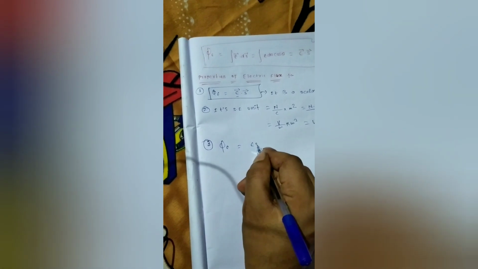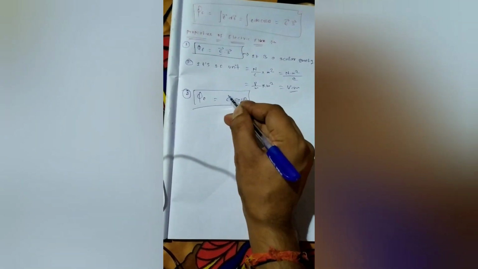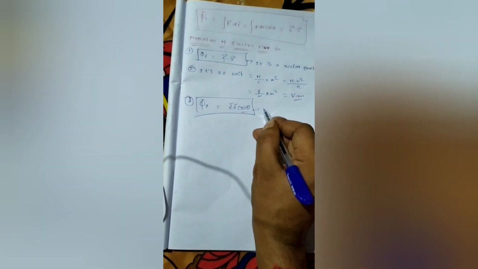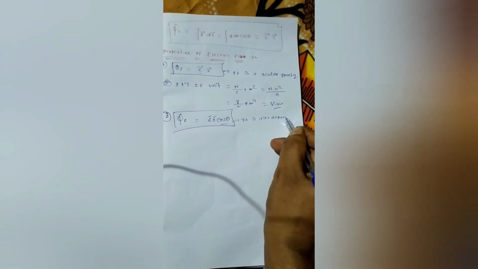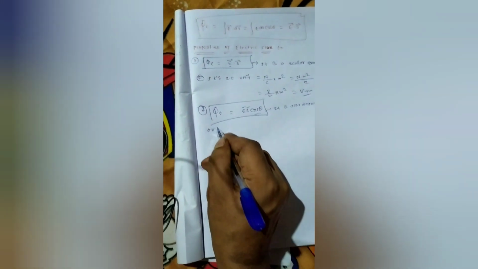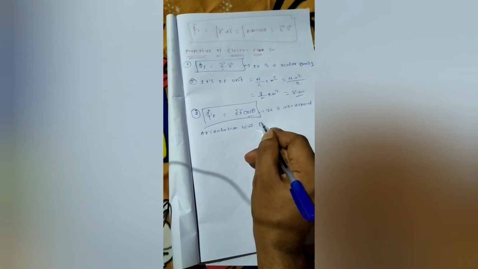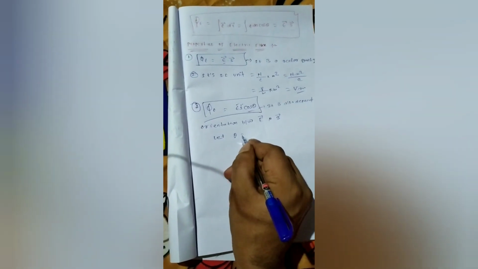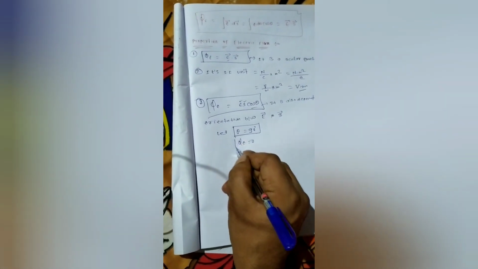Third point, we know that φE is equal to ES cos θ. It means electric flux depends on the electric field, the area of cross section, as well as the orientation between them. So it also depends on the orientation between the electric field and S. Suppose θ is 90 degrees. When θ is 90, φ will be 0.